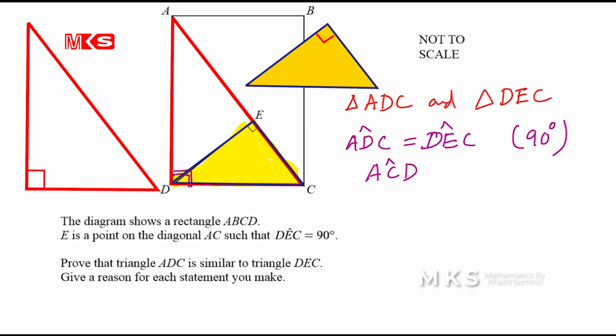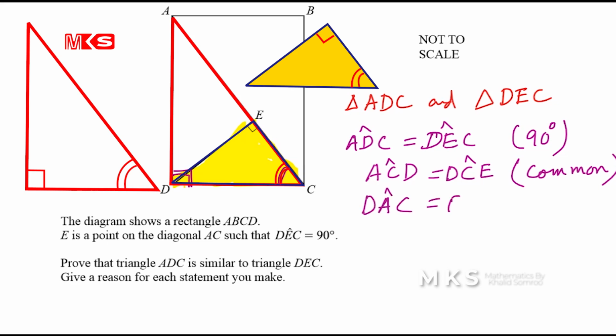Second is angle ACD, that is equal to angle DCA. ACD or DCE, actually they are the same angle, so they are common. We can call this angle ECD, we can call this DCE, we can call this ACD or DCA. So ACD and DCE, that is common.